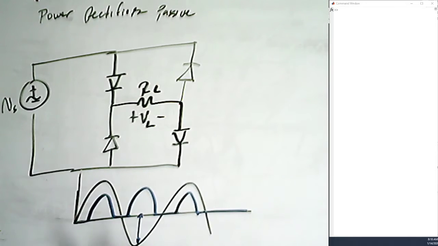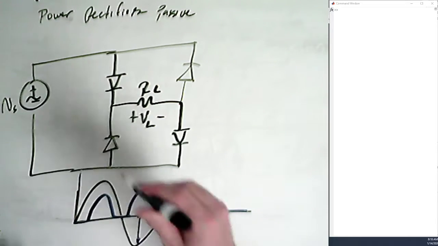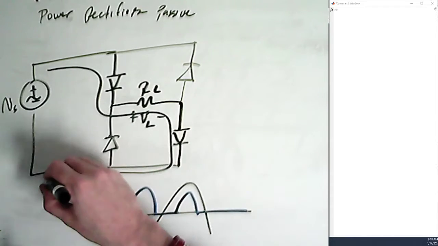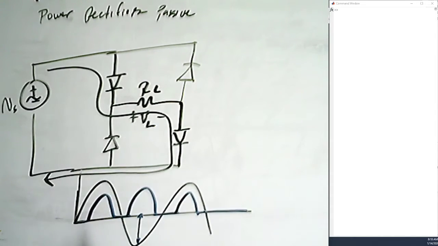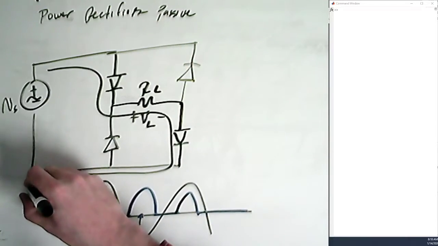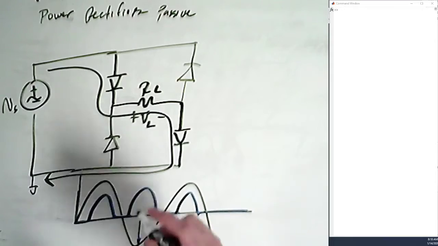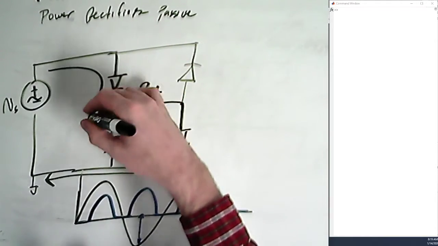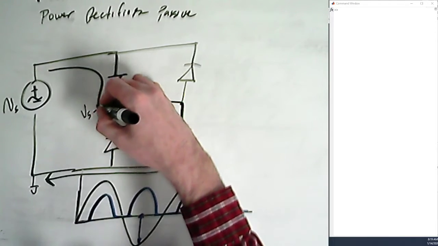And so let's just put it through a forward bias case. That means VS is positive. We have current flowing through like this, and we can go through and figure out what each voltage is. The voltage here is going to be, let's just say for heck's sake, zero. The voltage here will be VS. This voltage here will be VS minus VD.